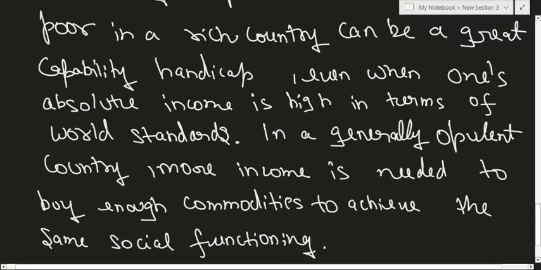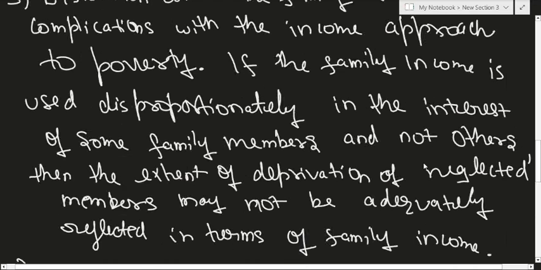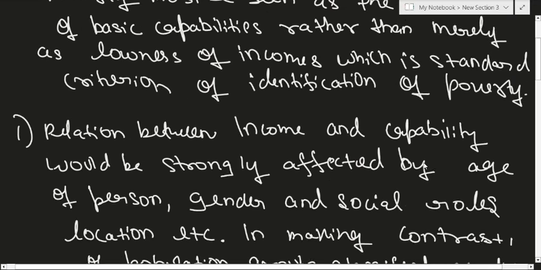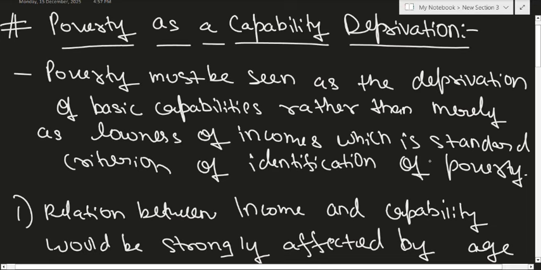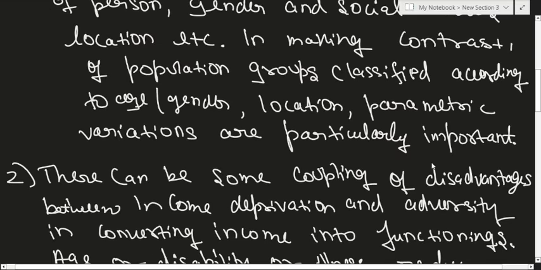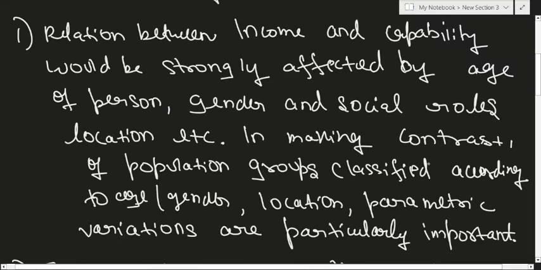Okay. So these are my important pointers from this reading. Now let's quickly try to understand what the capability deprivation approach is trying to tell us. There is a relation between income and capability, and a multitude of factors lead to capability deprivation. Income is just one factor. Income and capability are strongly affected by age, gender, and social roles.